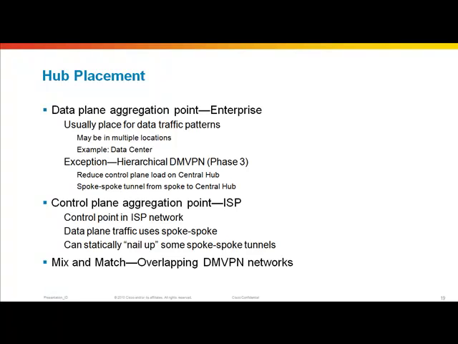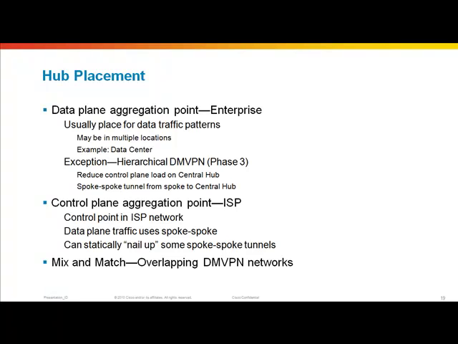So they want to have control of that control center. They want to keep that in their network, but it's no longer a data center. It's not a data point because their customer's data isn't trying to get to something in the ISP network where the DMVPN hub is. And this is okay.